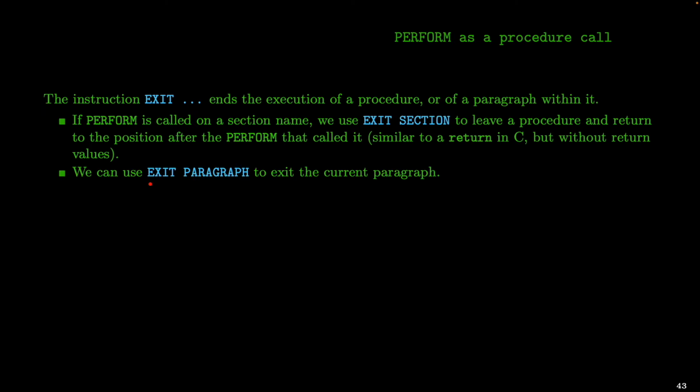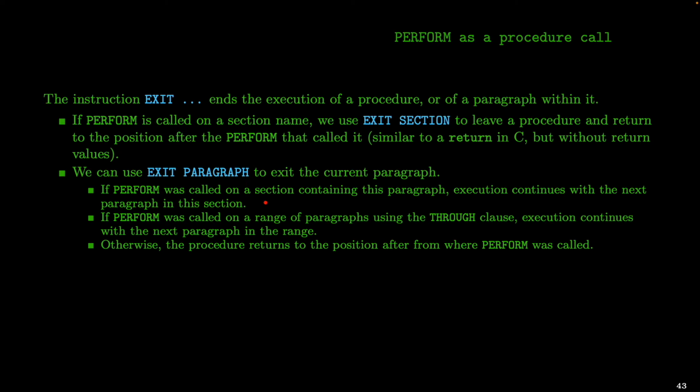In a paragraph, you could use exit paragraph to prematurely end execution in this paragraph. And what happens then depends a bit on how you called the paragraph. If perform was called on a section containing this particular paragraph that you want to exit from, then the execution will continue with the next paragraph within that section that you originally called perform on.